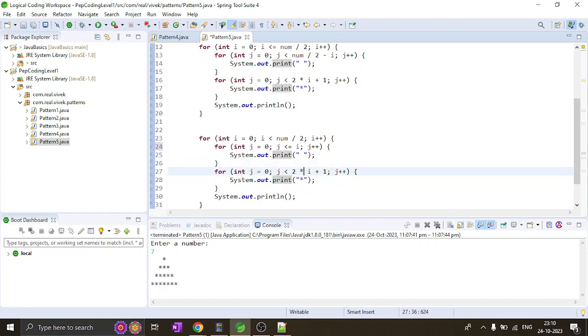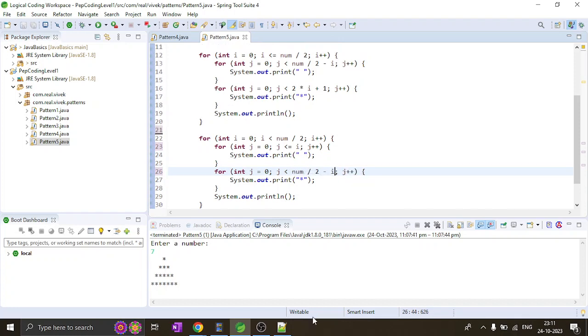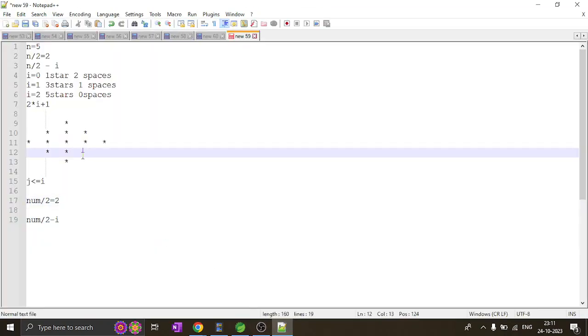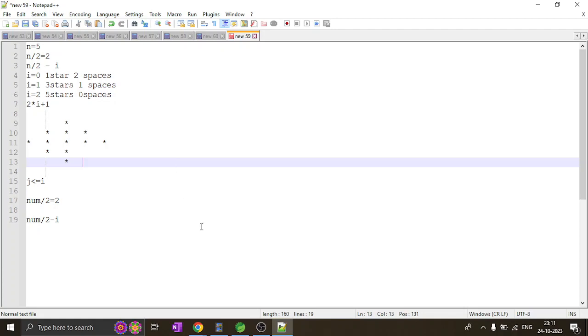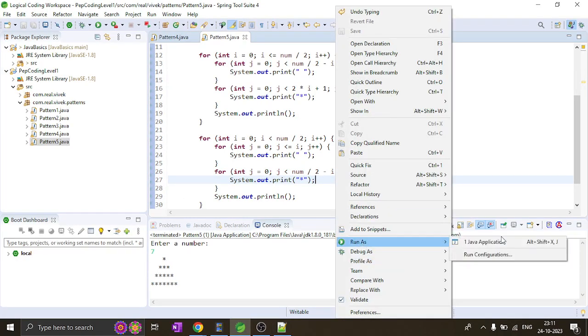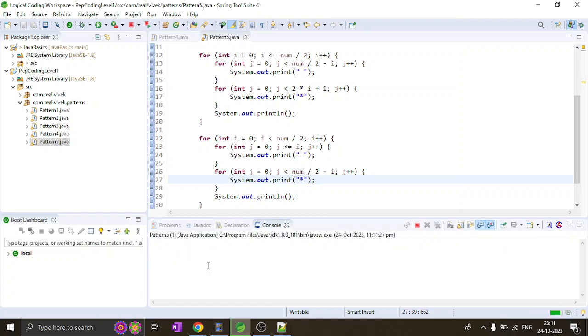And then the other part for printing is num by 2 minus I. Yeah. So I think this will hopefully print this part. It will not print this star, but it will print this pattern at least. Let's try it for 7.